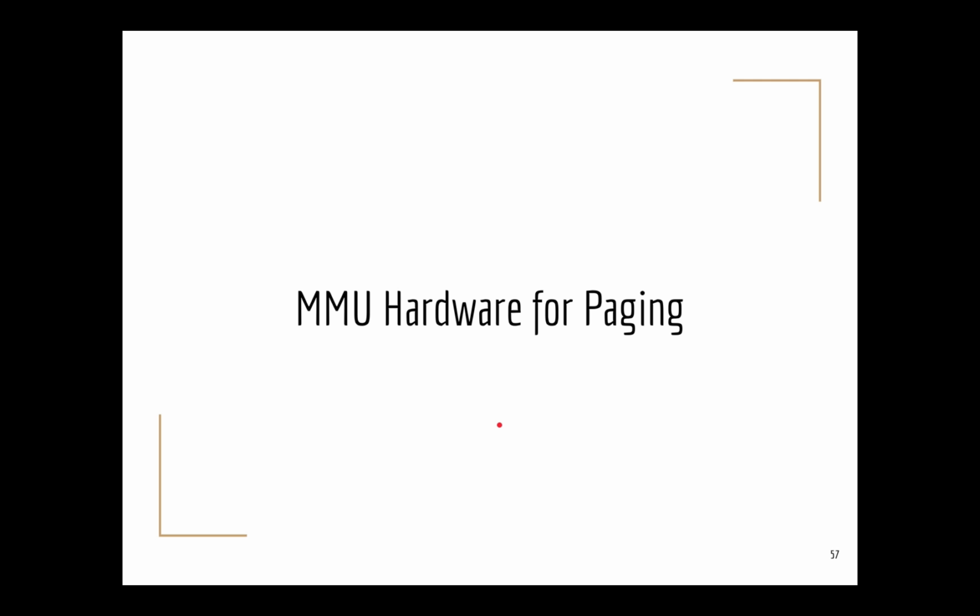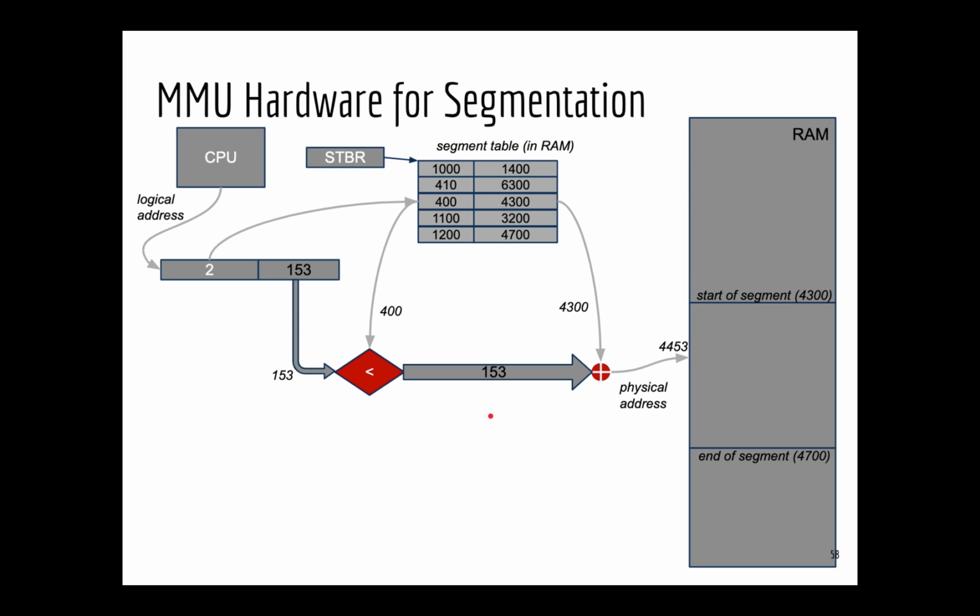So next, we want to look at the internal MMU hardware for paging. But let's refresh ourselves on the design of MMU hardware for segmentation. This is a diagram that you have seen before, and everything in the diagram has been grayed out except for two components. The first red component on the left side is the comparator.